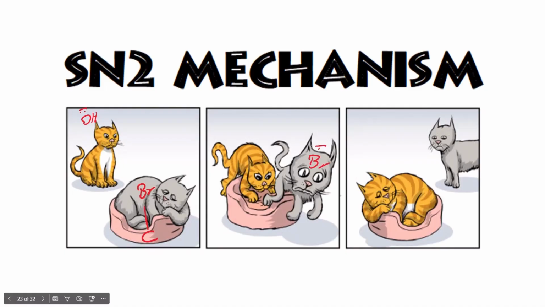It can chase away this Br minus and jump in. That mechanism is still a substitution because a nucleophile is the one doing it, and we call it SN2. Why it is called 1 or 2, I'll tell you in a while.